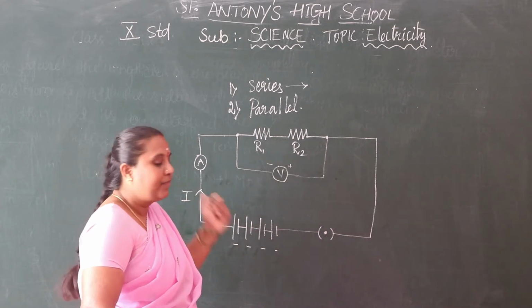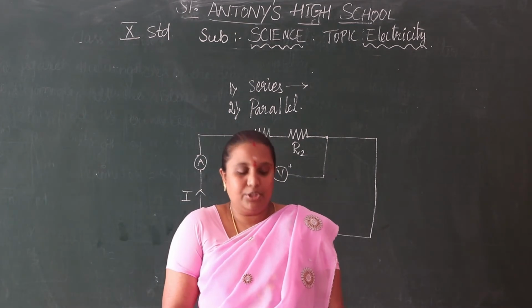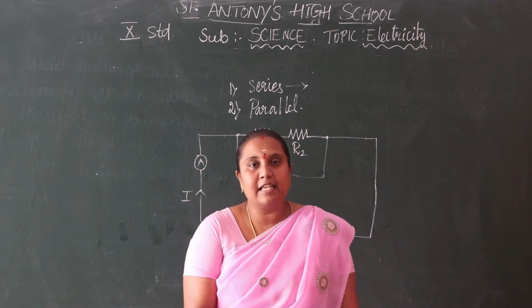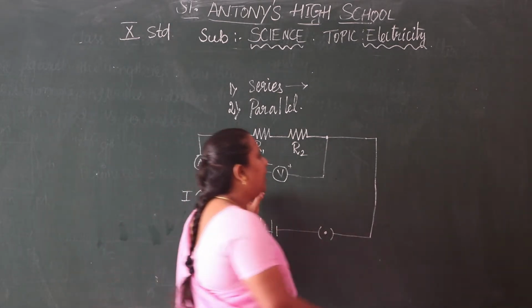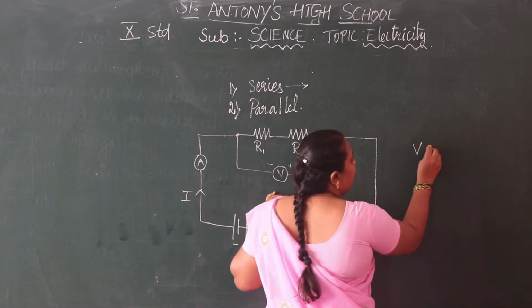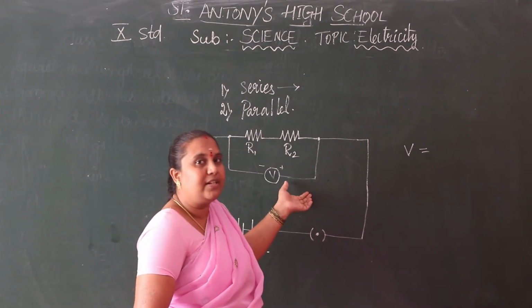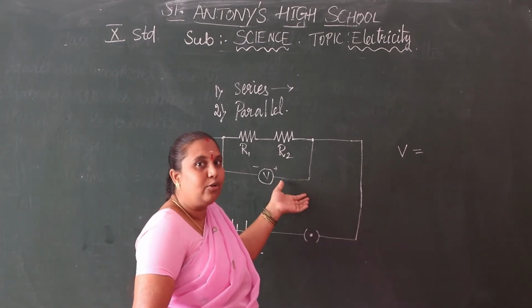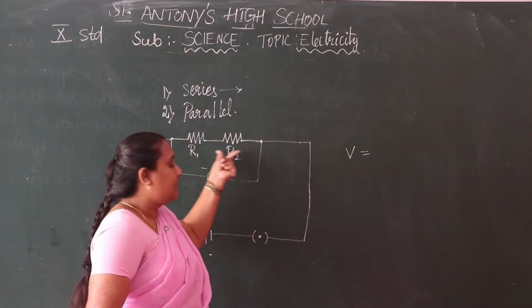Understood, children? Let us see how to calculate the potential difference in a series circuit. The potential difference V equals what? How do we find the total potential difference in an electric circuit? It is the electric current passing through the resistances.